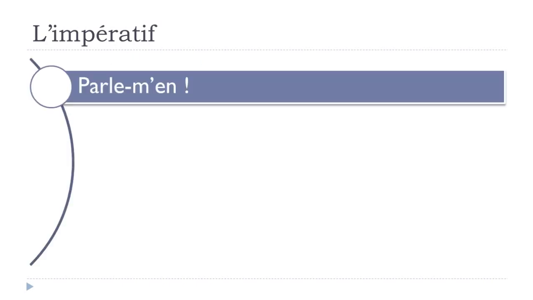For instance, parle-m'en, okay? So as you see, first you put this m apostrophe and then you put your pronoun en. Don't forget that they must come after your verb because it's the imperative. Parle-m'en, okay?